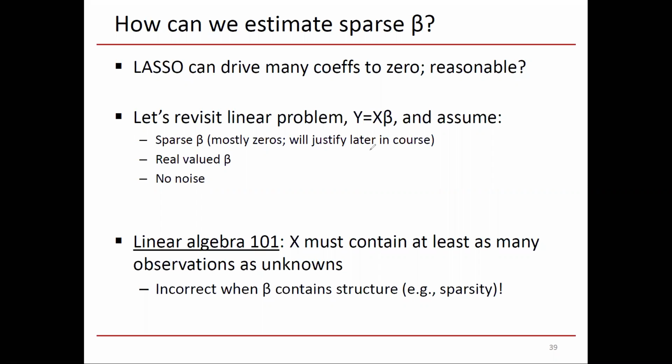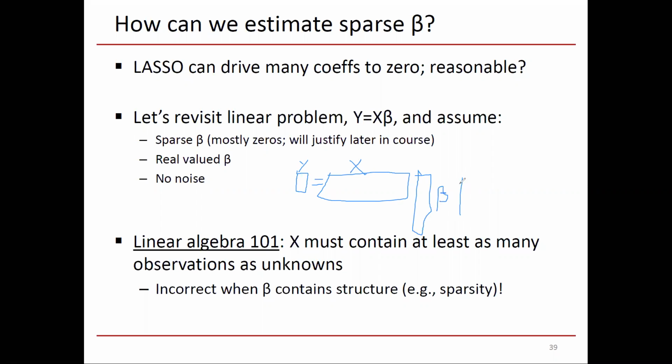And under this assumption that beta is sparse, no noise, and the non-zeros are real valued, recall from linear algebra that there must be as many observations as unknowns. So X is a matrix. Okay, so Y, a vector, is X times beta.